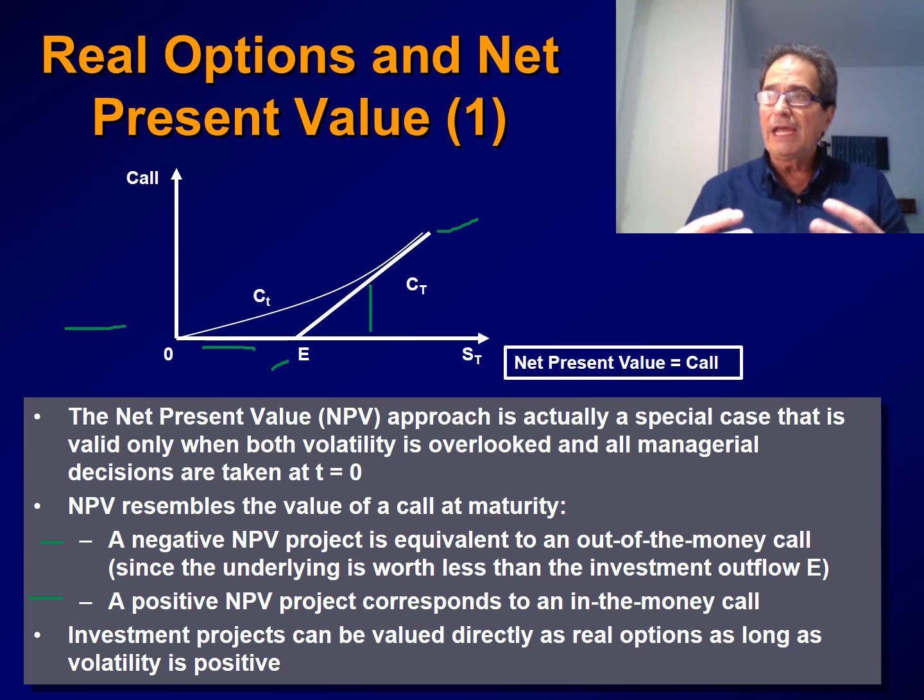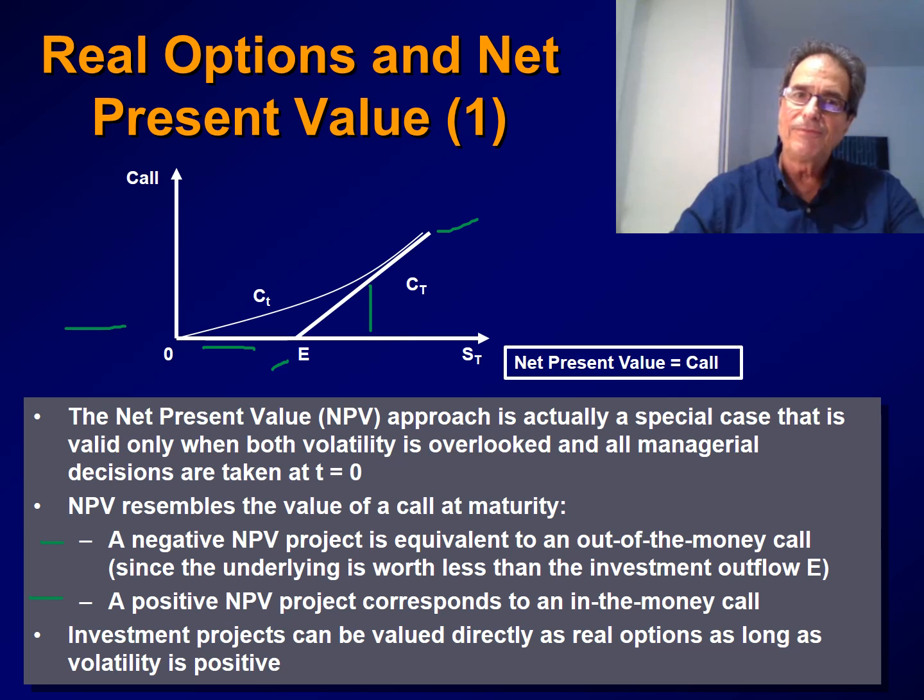So when we add volatility and some time, then we are talking about an option which is not at maturity, a real option, an option which is alive. So the value of the land will be represented by the value of the option before maturity, which is this line over here. So we see that the value of the land has two components.